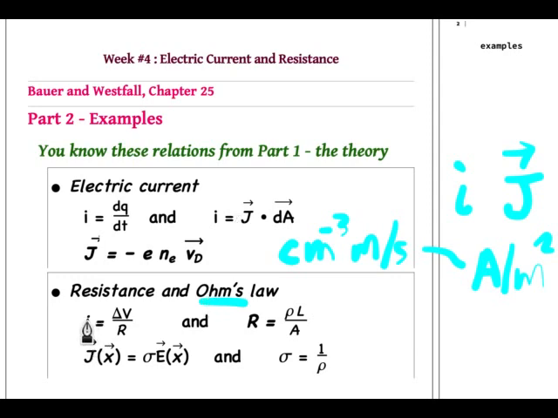Ohm proved in experiments that the current in a wire and the potential difference, delta V, those two quantities are proportional, and the constant of proportionality is called the resistance, R. So I is delta V over R. For a given potential difference, a larger resistance corresponds to a smaller current.